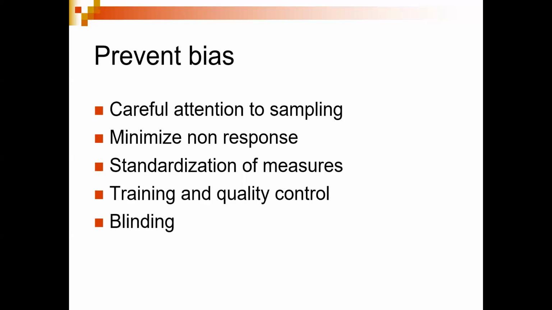Then we discussed the issue of blinding. Blinding can be applied mostly in analytic studies, where you can blind for case-control studies. Once you select your cases and controls, you ask people to collect information, and you don't tell them this one is a case, this one is a control.